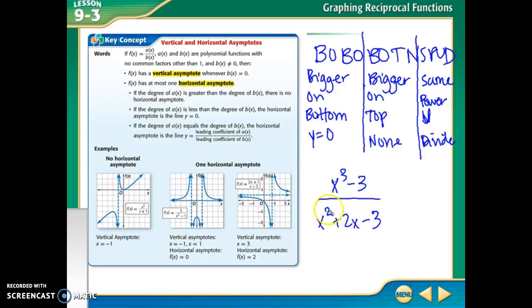If it was the other way around, with the x squared on top, it would be bigger on the bottom, and so I would have one at y equals 0. And then if I said something like 4x cubed over 2x cubed plus 3x, they're the same, so then I divide those coefficients. For this one, I would do 4 divided by 2, and my horizontal asymptote would be at y equals 2. So BOBO, BOTN, and SPUD.